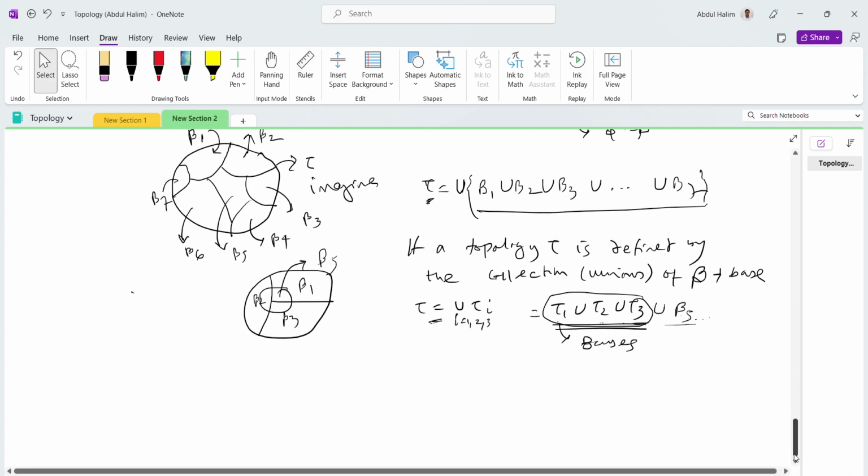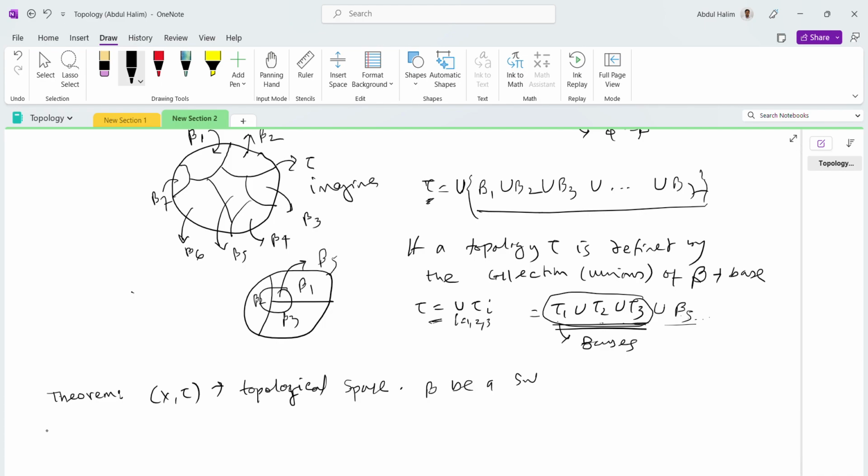If you add to it, no issue, but this is enough. This is sophisticated, and this is enough to describe this topology, and this is the smallest. Suppose you add beta 5, it also expresses this topology, no issue. But if you take these bases, they will be the smallest basis to describe the topology. That's all, no problems.